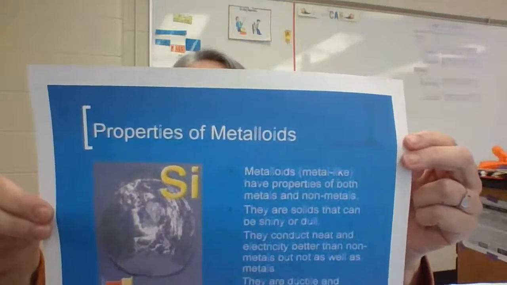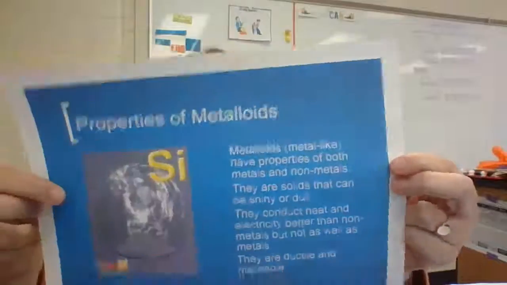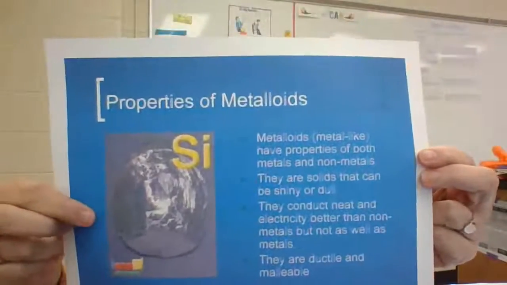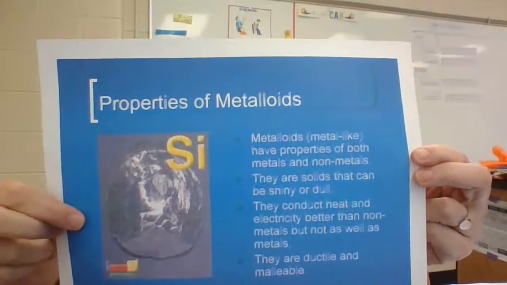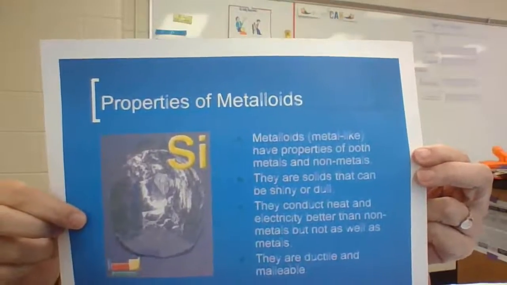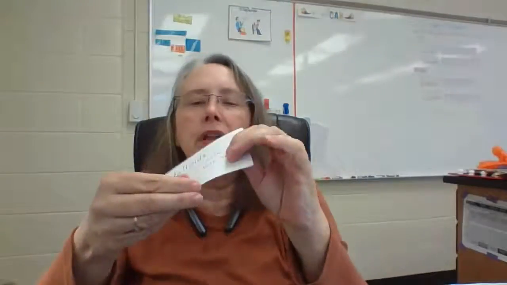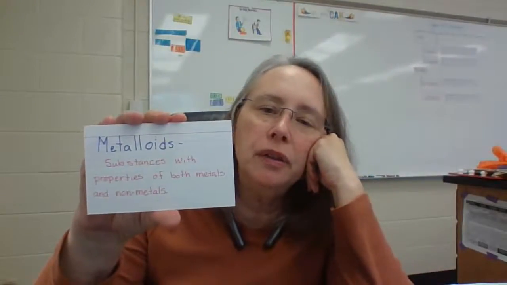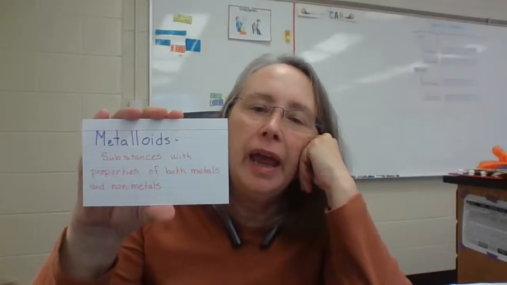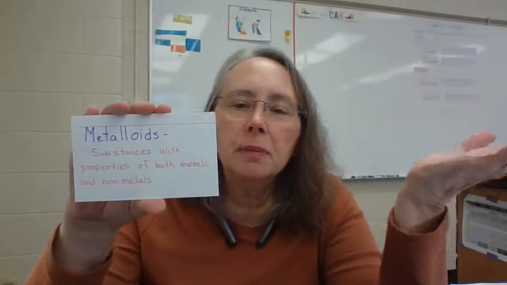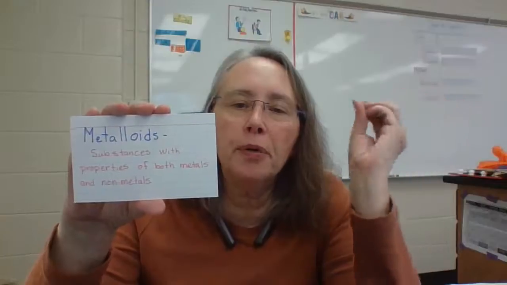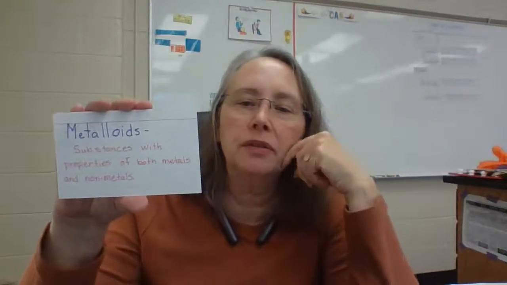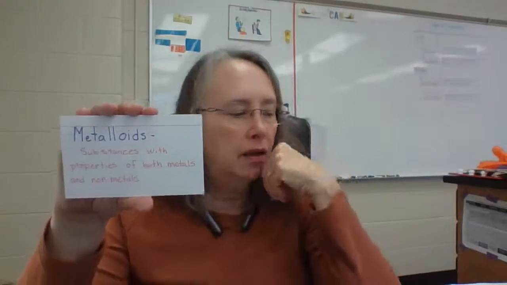They are malleable. So here's an example. Silicon is a metalloid. So here's what you really need to know about metalloids, is that they're substances with properties of both metals and nonmetals.